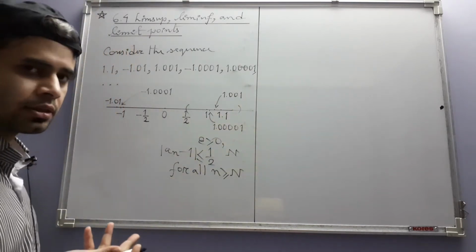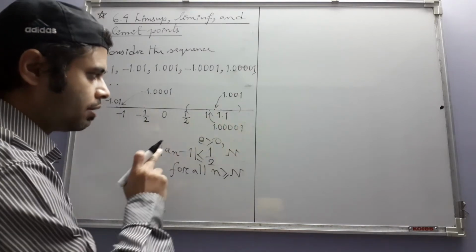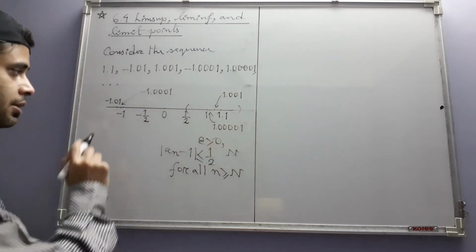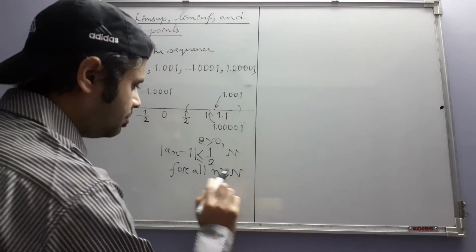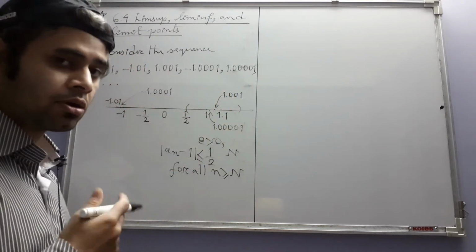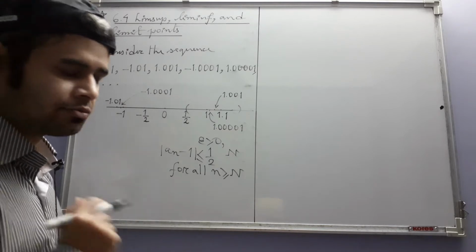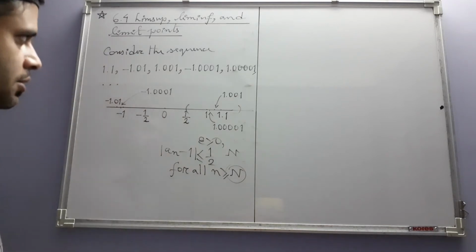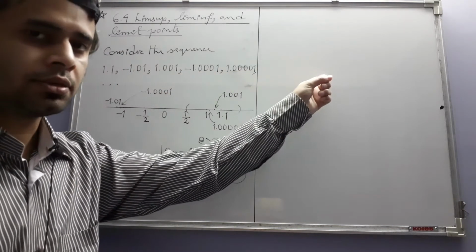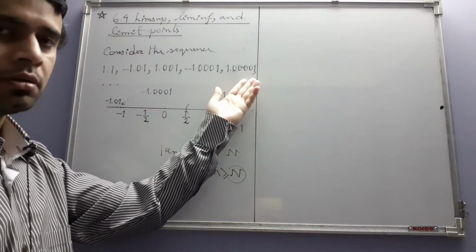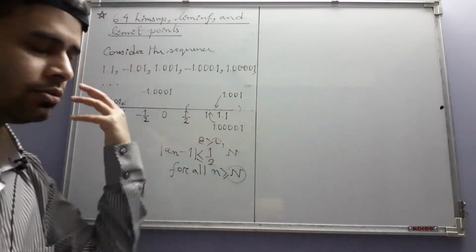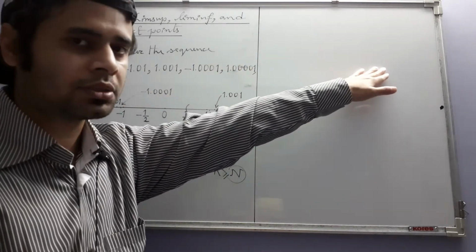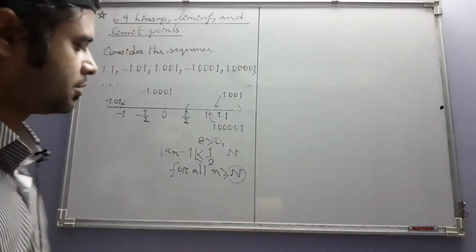within a distance of 1 over 2 from 1. Now there are terms in the sequence that lie in this interval, which are actually the positive terms of the sequence, but the sequence also has negative terms, and because the terms are appearing in the sequence alternately, positive, negative, like that, you will never be able to get rid of the negative terms no matter how far down the sequence you go, that is, no matter how many terms you remove from the beginning of the sequence, you will always have negative terms left in the remaining sequence.